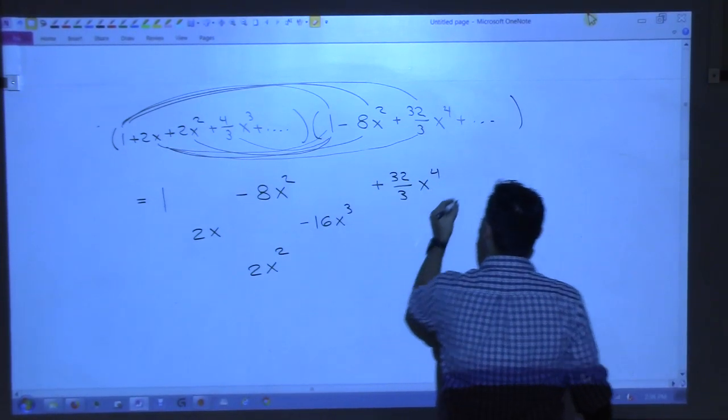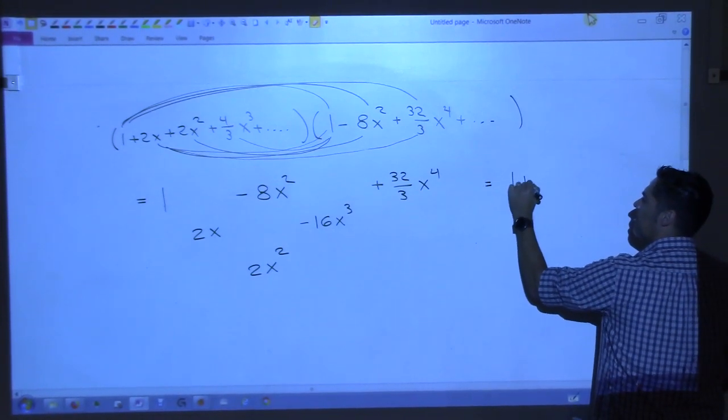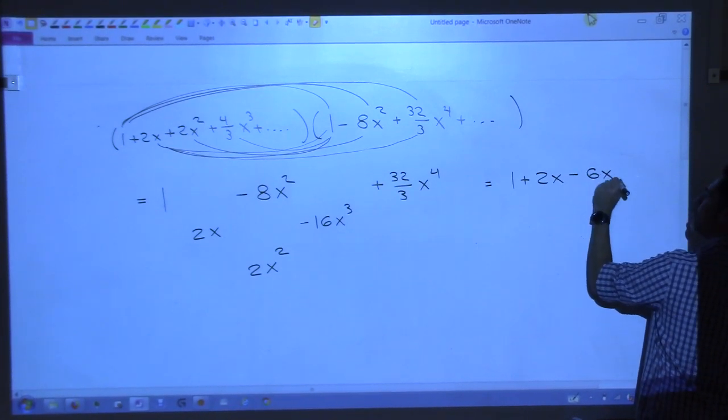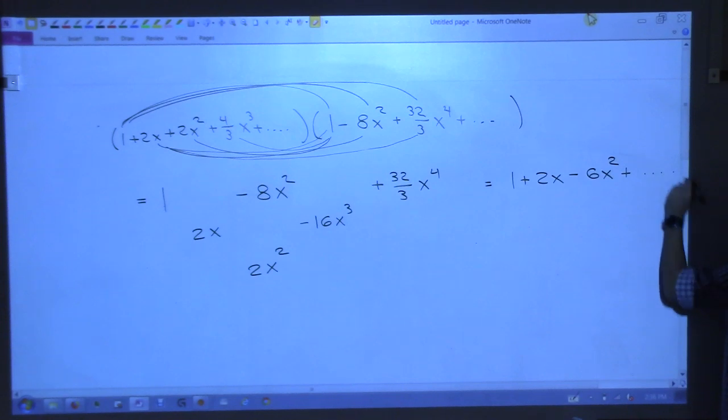So this should be equal to what? 1 plus 2x minus 6x squared plus ... Okay? Now you integrate it.